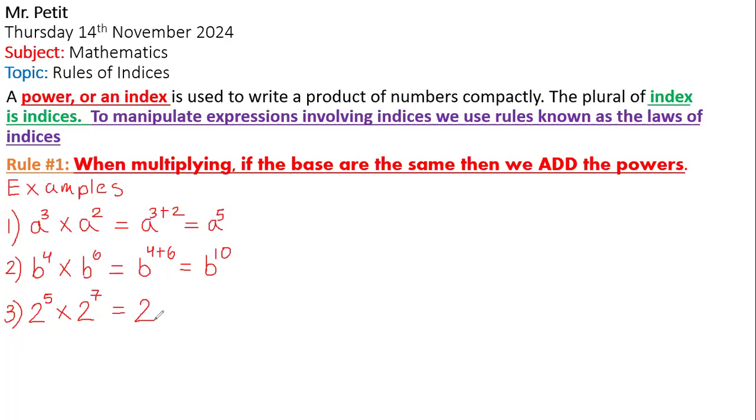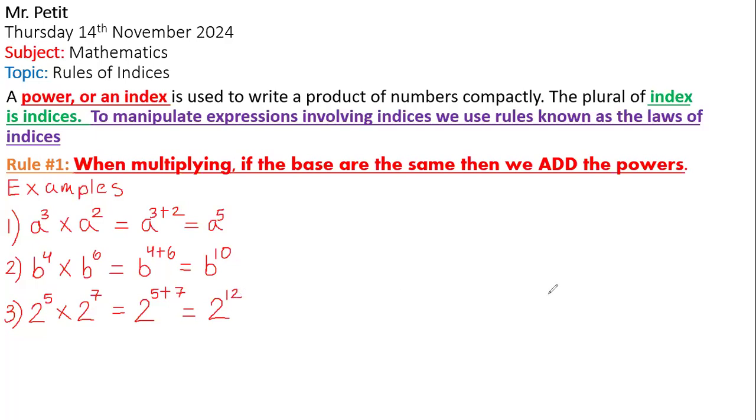How do you get 12? 5 plus 7 equals 12. Very good. So it's 2 to the power of 5 plus 7, and 5 plus 7 is 12. So it's 2 to the power of 12.